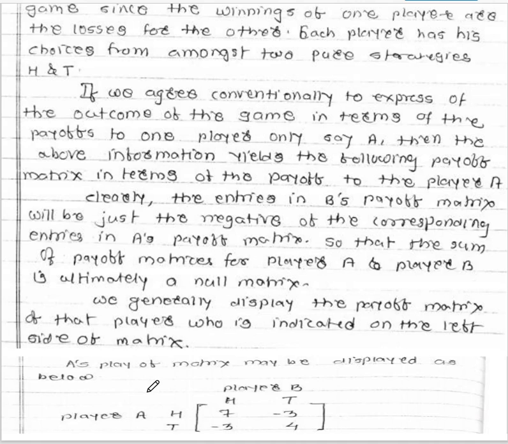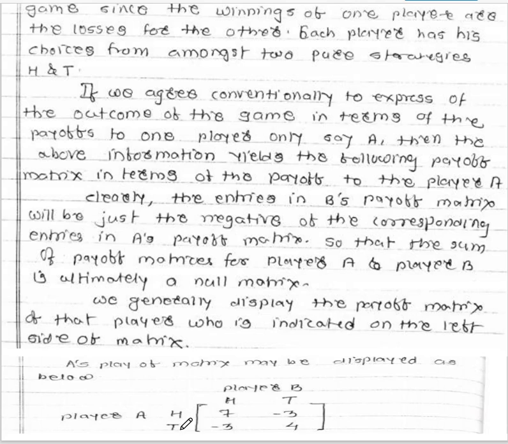That means the entries of player A must be the negative of the entries of player B. We generally display the payoff matrix with the player who has the strategies indicated on the left side of the matrix, and this is A's payoff matrix, displayed as below. So this is player A and player B.